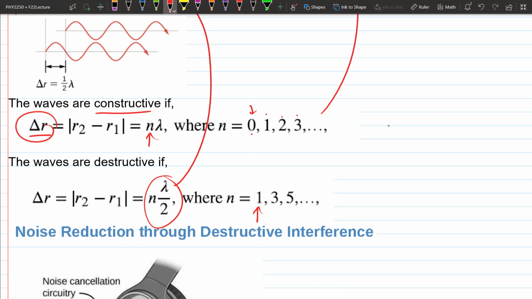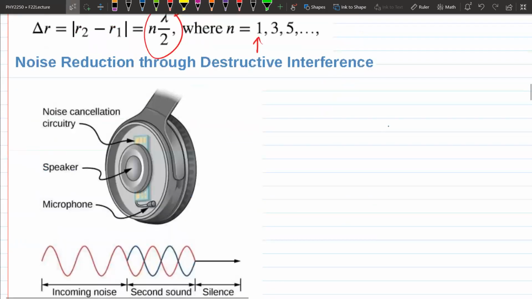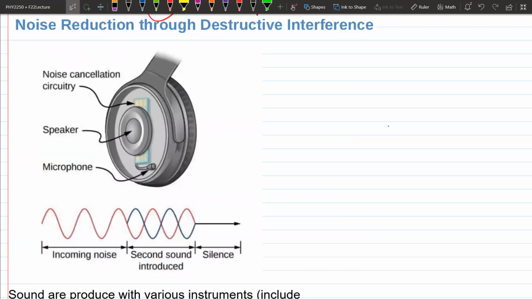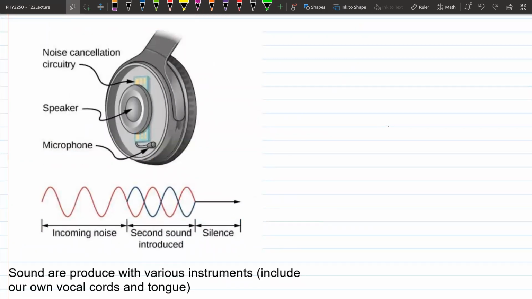As I noted even before this, this is basically how noise canceling headphones work, where you have a headphone that has a microphone attached to it near where your ear is. It also has its own speaker. What happens is that you have some incoming noise, which is this red wave, that you want to block out. This is the stuff you want to get rid of.